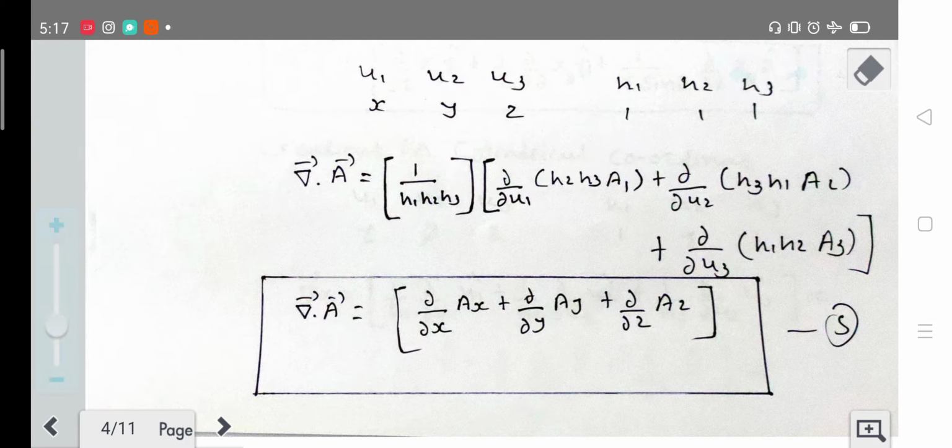We are going to consider here the x component of A, so we will get del by del x ax plus del by del y ay plus del by del z az. So this will be the formula for divergence of vector A in Cartesian coordinate system.